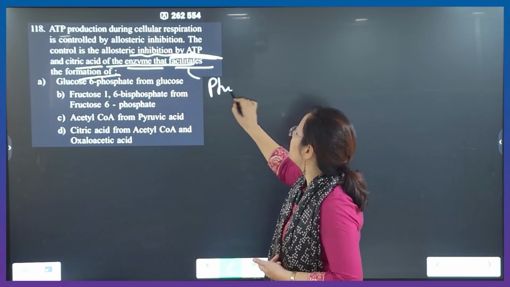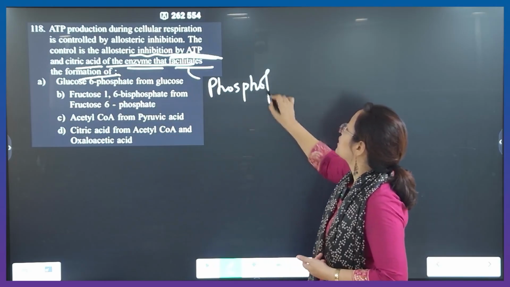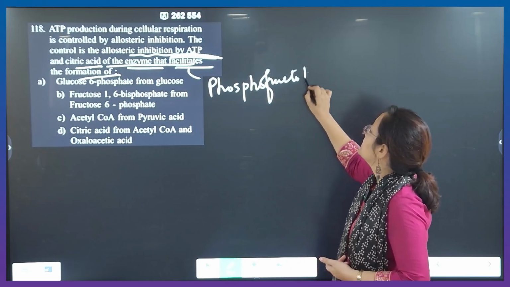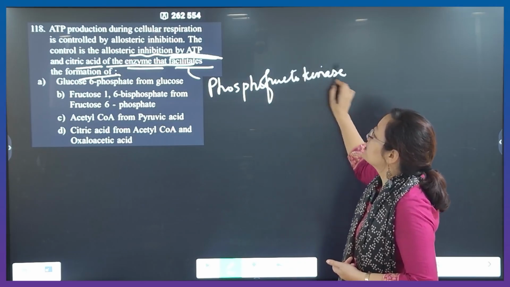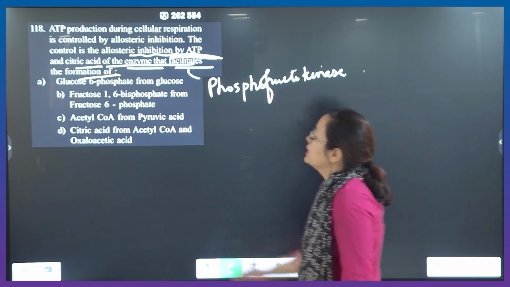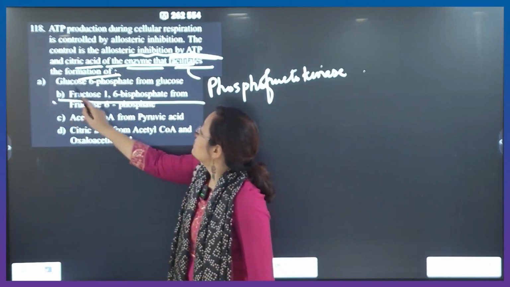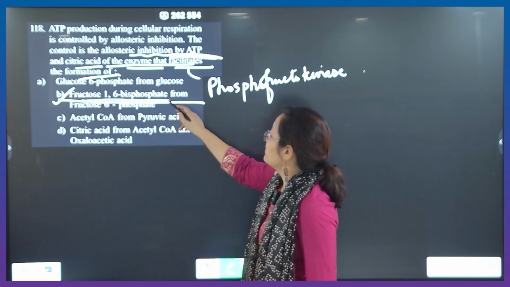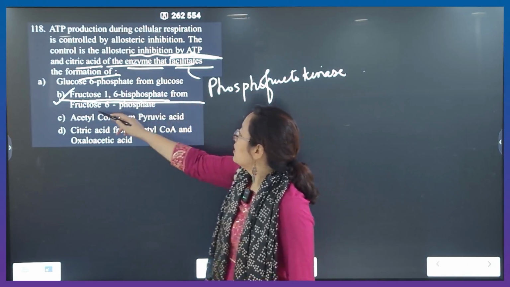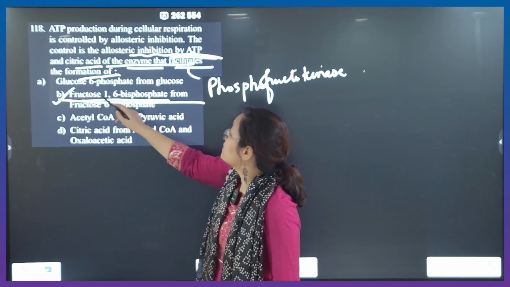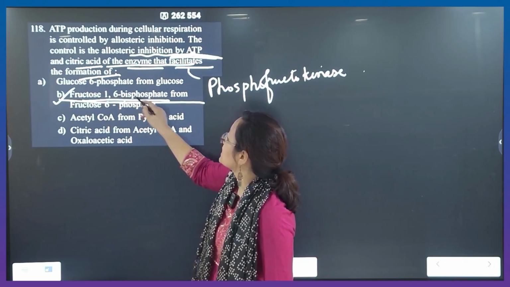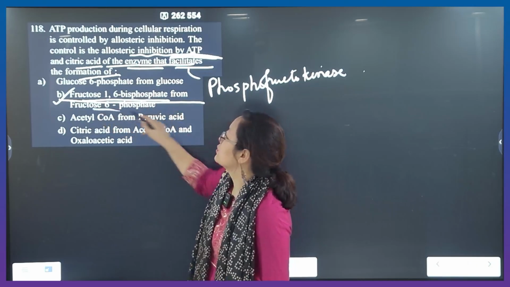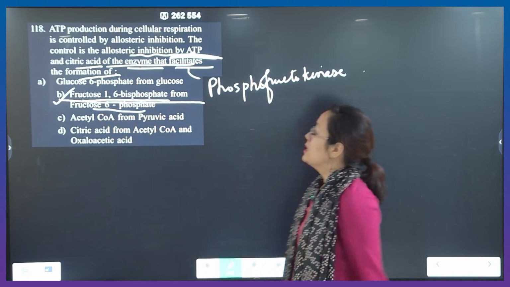It is talking about phosphofructokinase. Okay, what does this enzyme do? It converts fructose 6-phosphate to fructose 1,6 bisphosphate. So the formation of fructose 1,6 bisphosphate from fructose 6-phosphate is done by the phosphofructokinase enzyme.